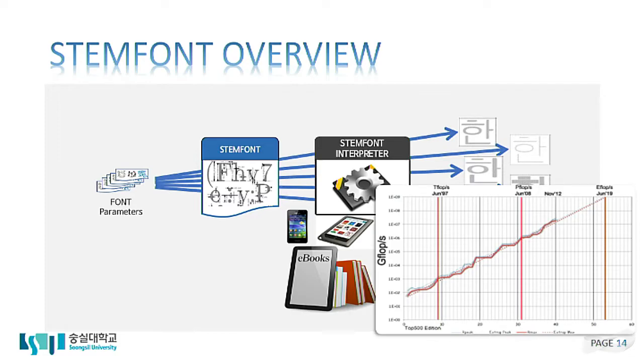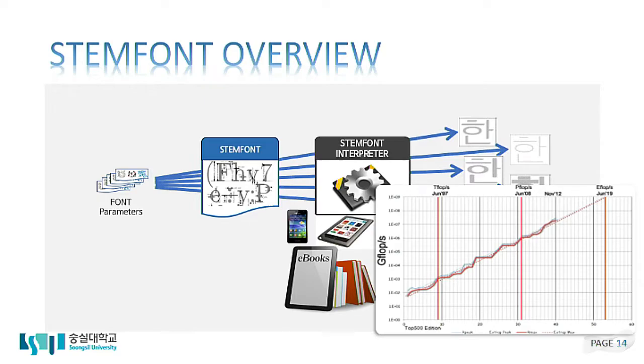This is the Top 500 edition, the world's fastest computer. In 1997, it was at 1 teraflop. Ten years later, the computing power was 1,000 times faster. Right now there is an exaflop machine, which is 10,000 times faster than 10 years ago.